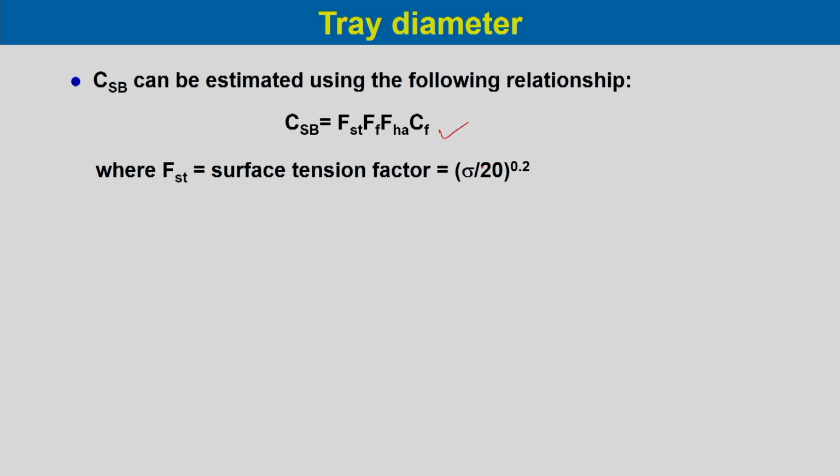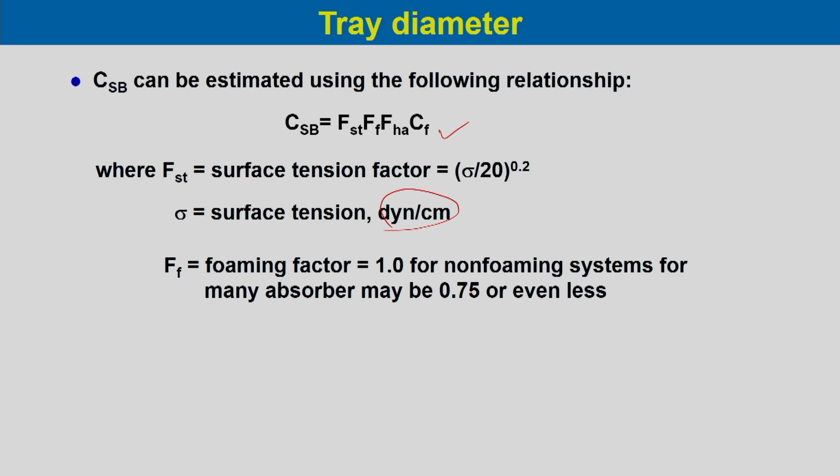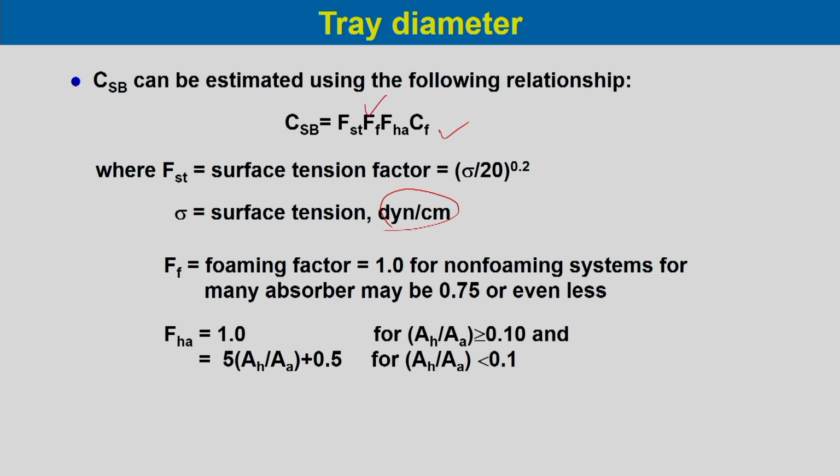Sigma is the surface tension, in units of dynes per centimeter, and FF is the foaming factor, which is usually 1 for non-foaming systems.